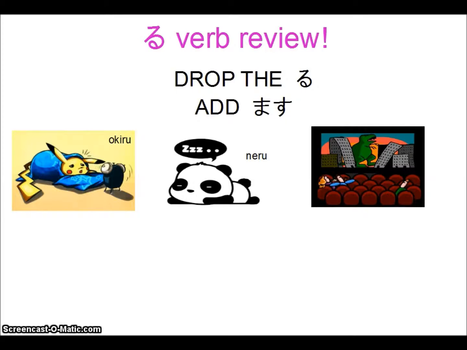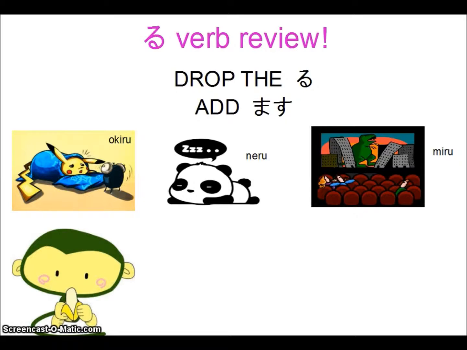What about this? They are watching a movie. This would be miru. So dropping ru and adding mas, miru becomes mimasu. So for this verb, this is taberu. Taberu, drop the ru, add mas, becomes tabemasu.